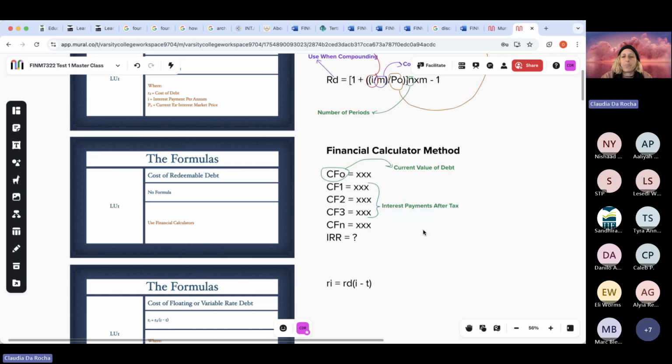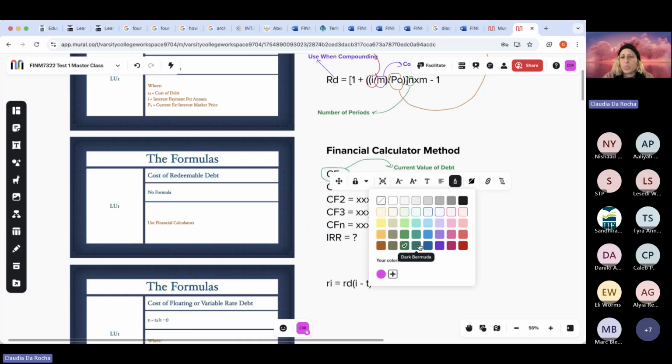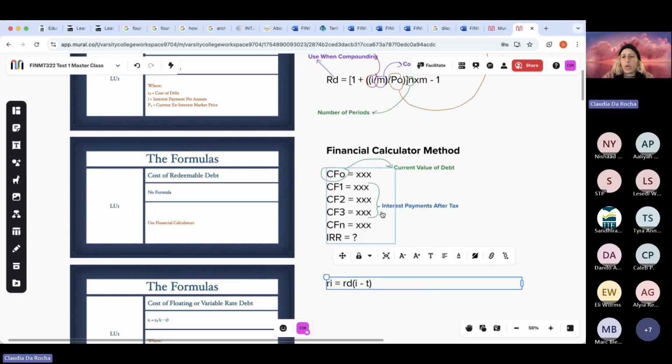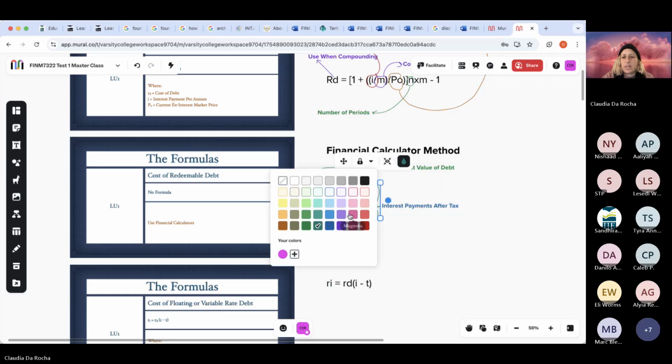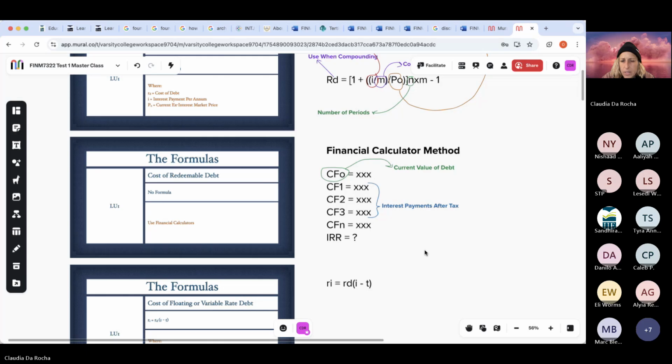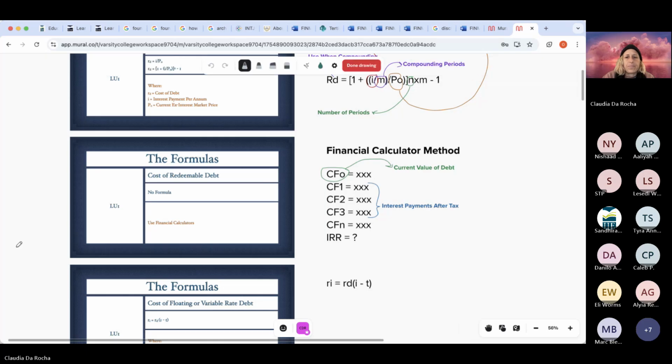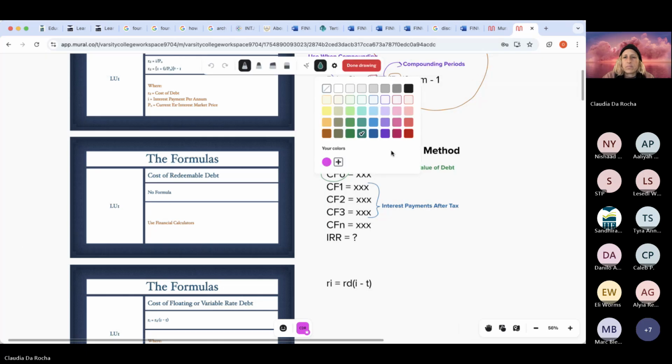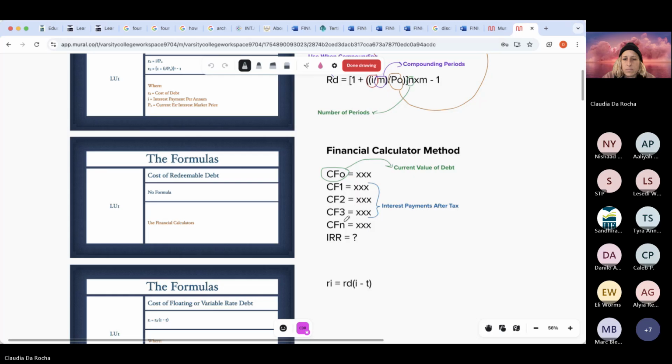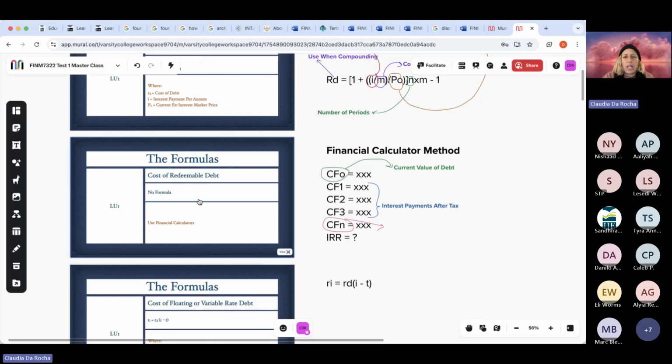Very important. And then in CFN, that would be your last year, so whichever year you are redeeming. And that is how much you are going to pay for the bond.